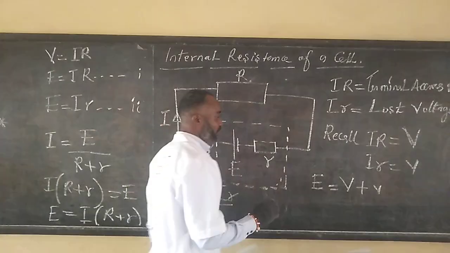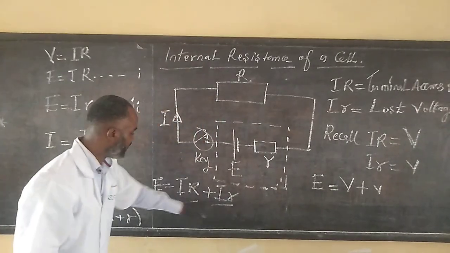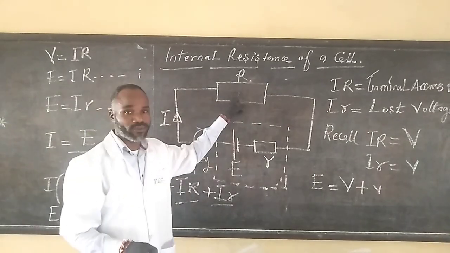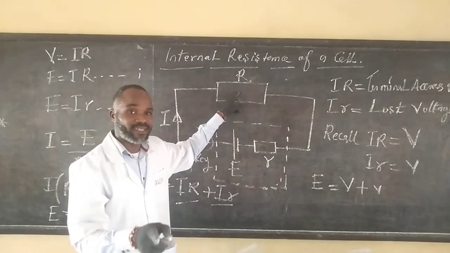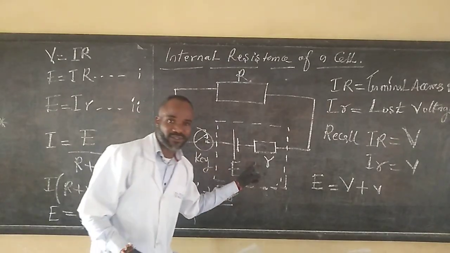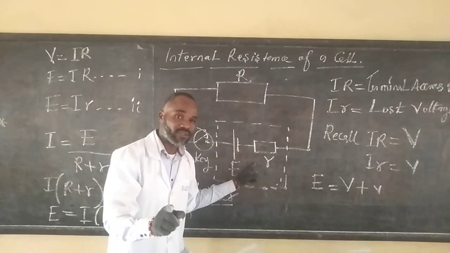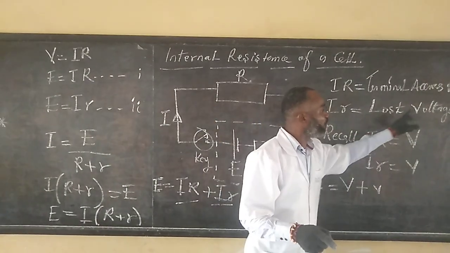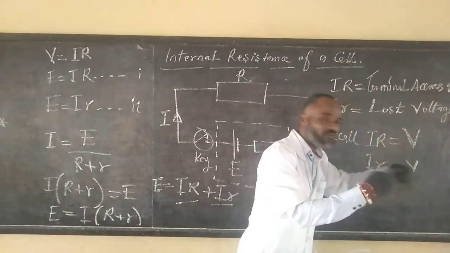Actually, we can now see clearly that capital V is the potential difference across the external load or external resistance, while small v is the potential difference across the internal resistance, which is also referred to as the lost voltage.